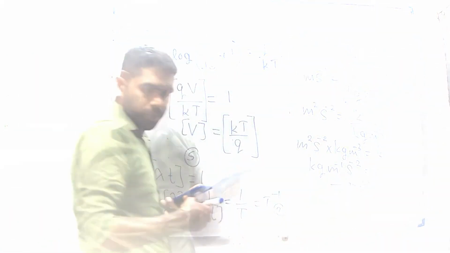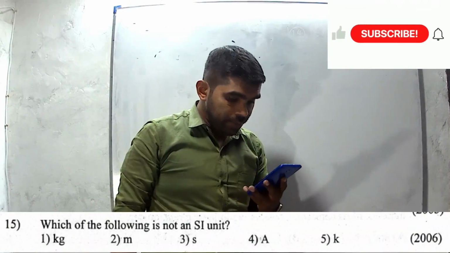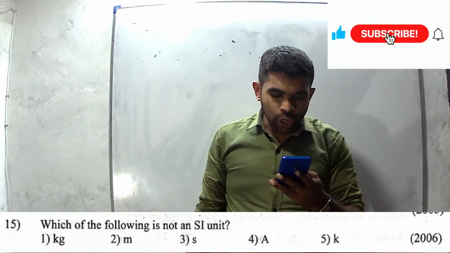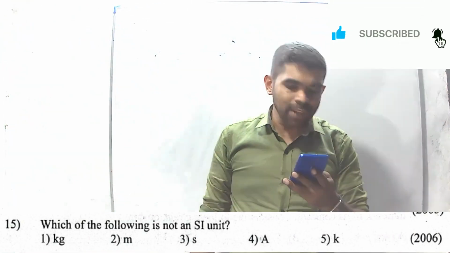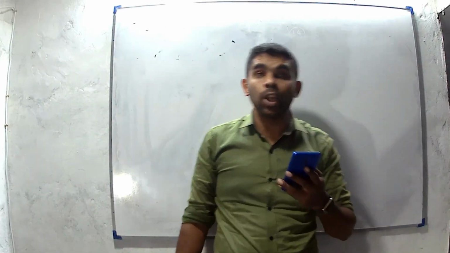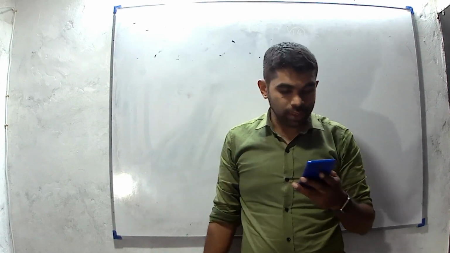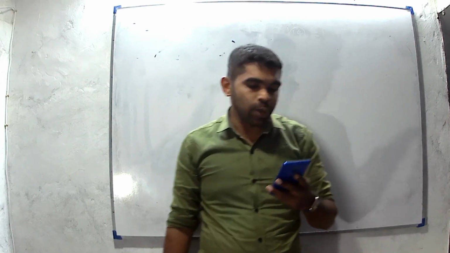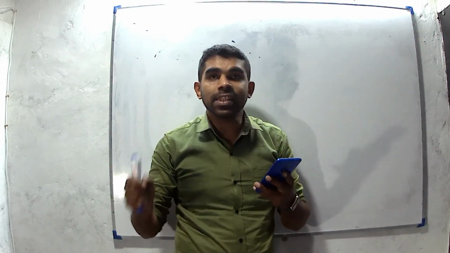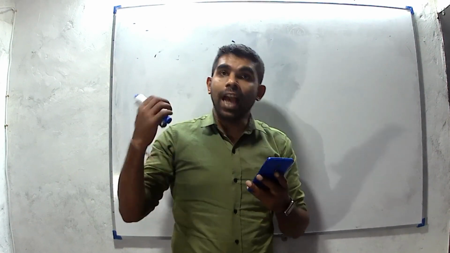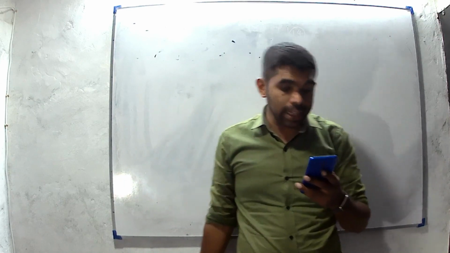Then question number 15. Which of the following is not an SI unit? They have given the first answer, kilogram. We know that kilogram is the SI unit for mass, so it is an SI unit. Then meters is the SI unit of length, therefore it is also an SI unit.